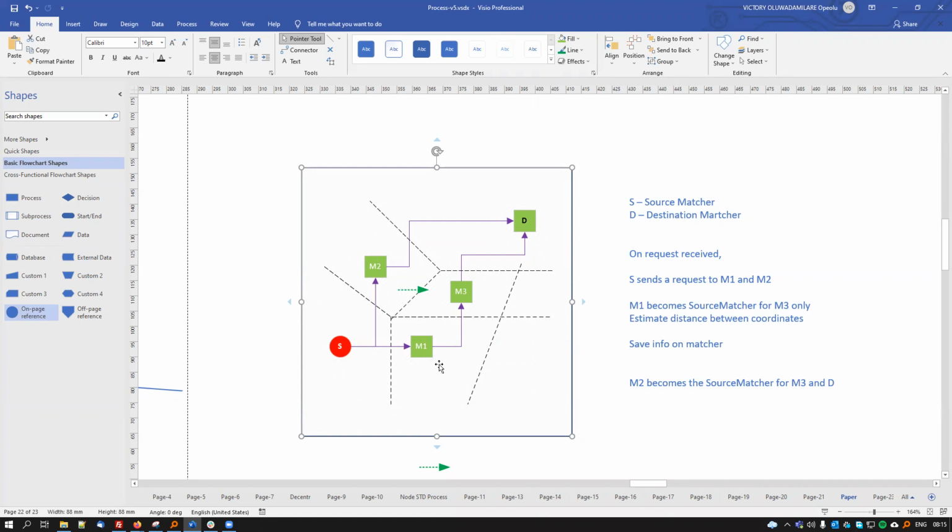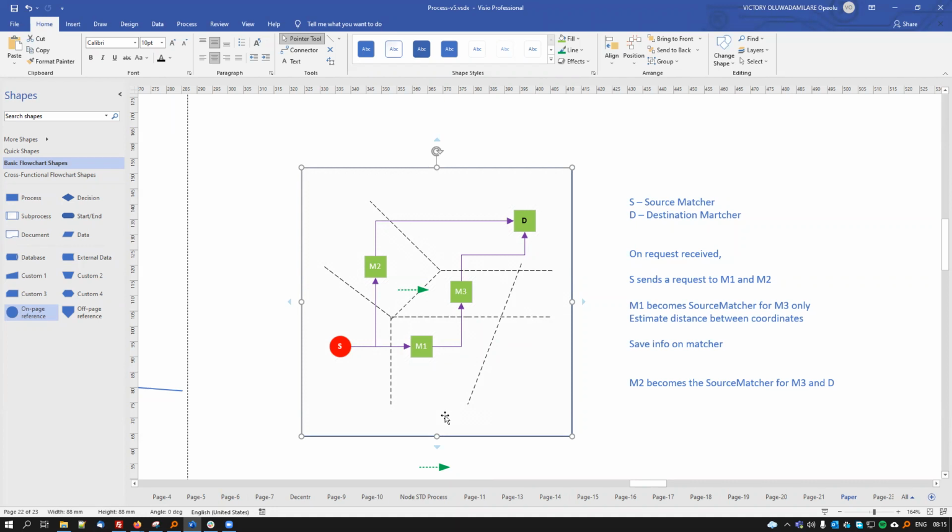The way to determine if I should forward, let's say from M1 to M3, is basically to draw a line between S and M3, and see if I'm the closest node on that line compared to any of my other neighbors. So M1 can ask that question by itself. Same as M2. M2 can also ask that question on its own.